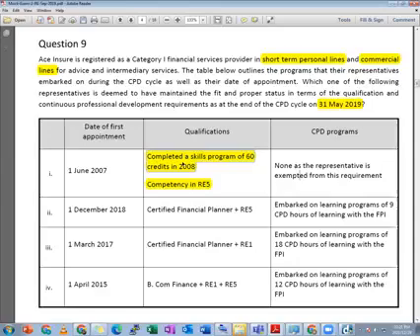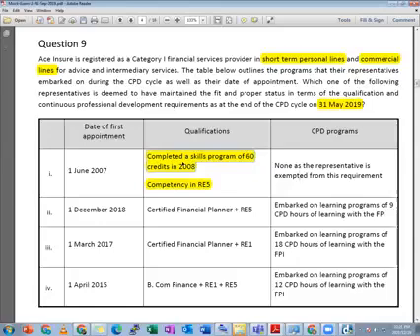Second guy, 1 December 2018, he was appointed, and now we are in 2019. December 2018, 2019 January, February, March, April, May. This guy has 6 months in the industry. Even if he doesn't have RE by then, he's still fit and proper because he still has 2 years to do his RE.